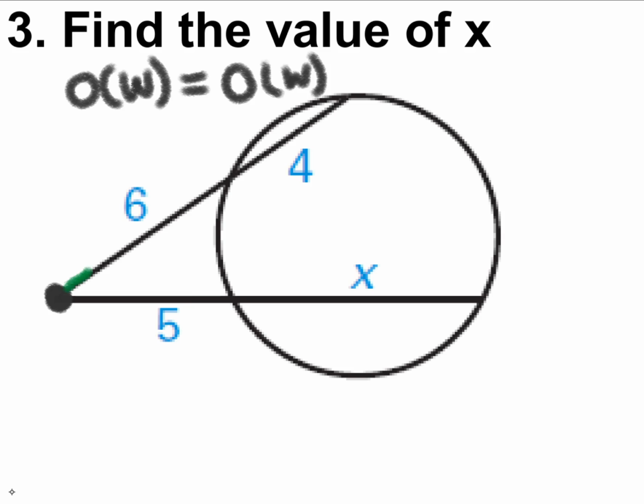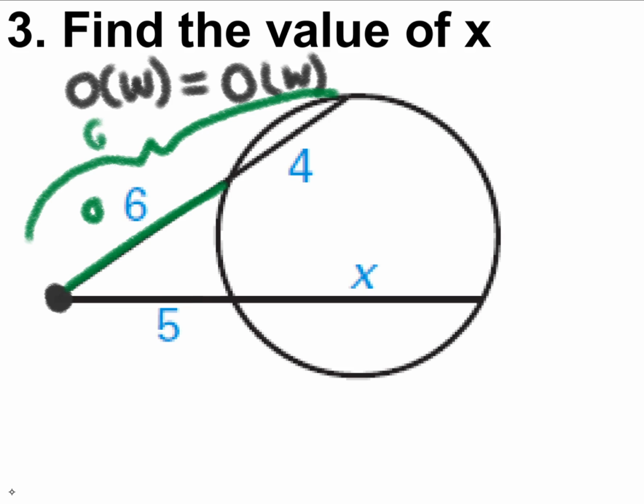Let's look at what that means in this problem. If we look at this top line, 6 is the outside piece. To get the whole line, we look from one point to the other point of that line. So the whole line is 6 plus 4, or 10, because we have to add those two parts. For the first part of our equation, we get outside 6 times the whole, which is 10.